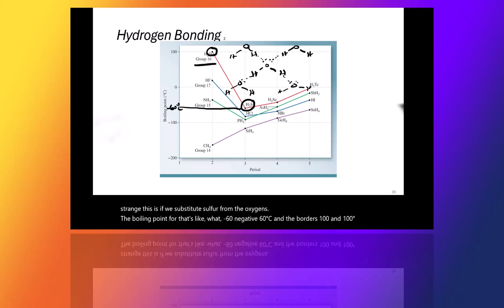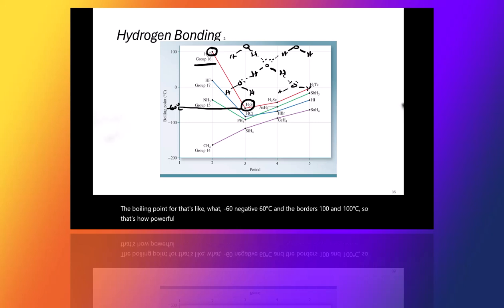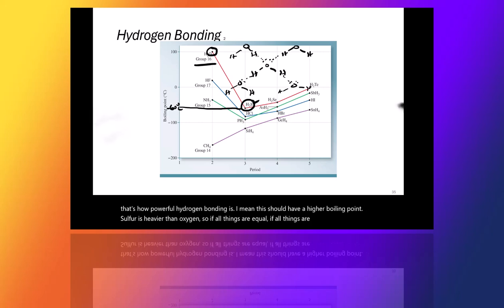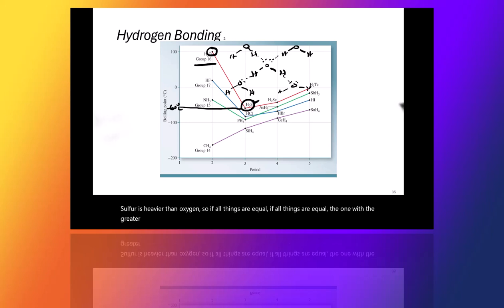So that's how powerful hydrogen bonding is. This should have a higher boiling point. Sulfur is heavier than oxygen. So if all things are equal, the one with the greater mass should have a higher boiling point, because it takes more energy to get it kinetically energized to escape as a gas.